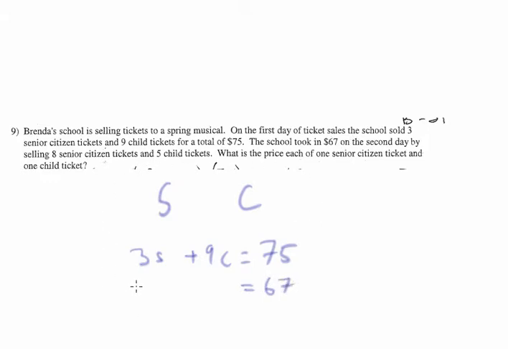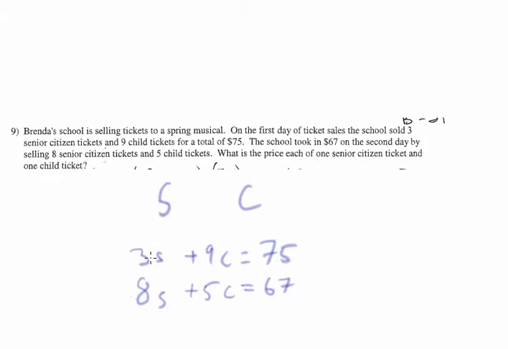Selling 8 senior citizen tickets, so 8 S's, and 5 child tickets. I've got 2 equations, and I can now solve. I'm going to use elimination for this. I'll not use the calculator, because I just realized I didn't do elimination before. Elimination, the goal is to eliminate either the S's or the C's.